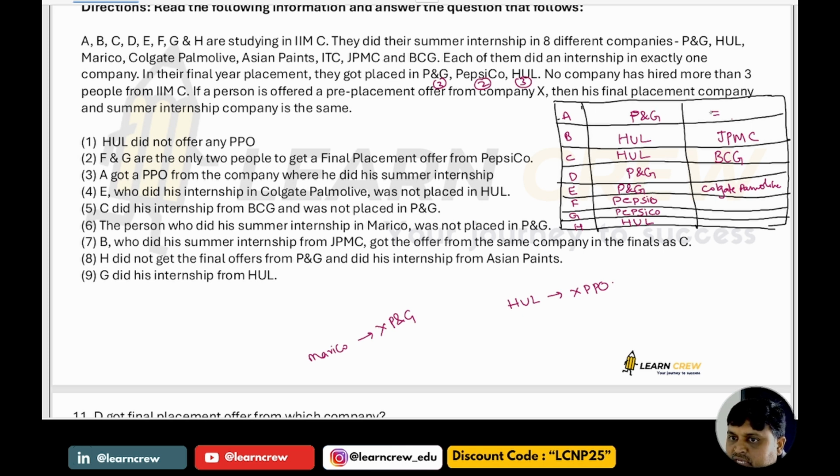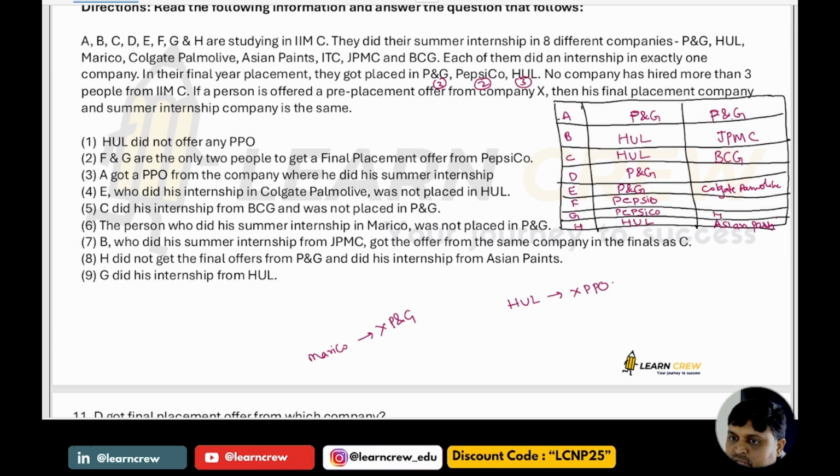Now these two are equal, it is said, so it is also P&G. Now H did not get the final offer from P&G and did his internship from Asian Paints. So this is Asian Paints. And next, G did his internship from HUL.